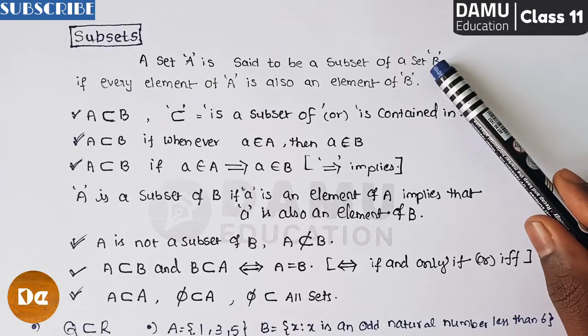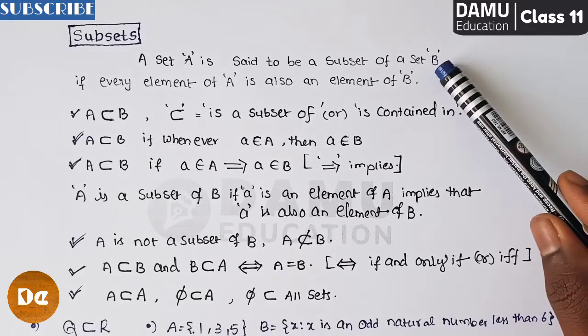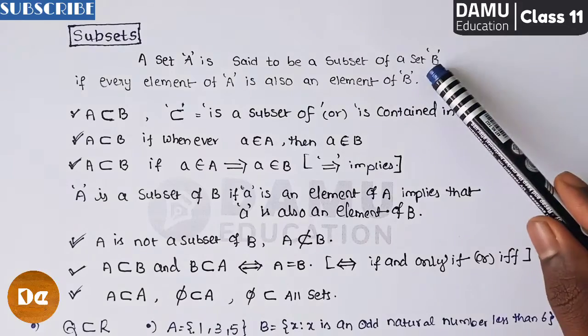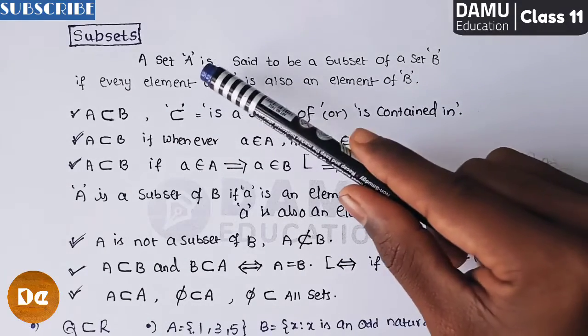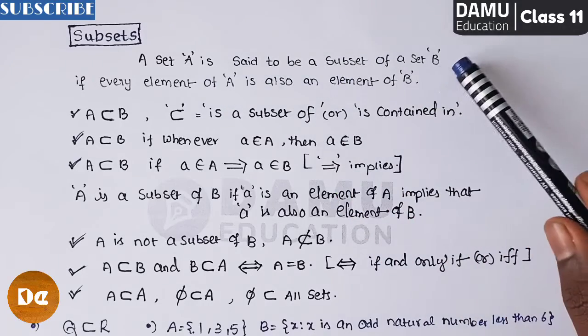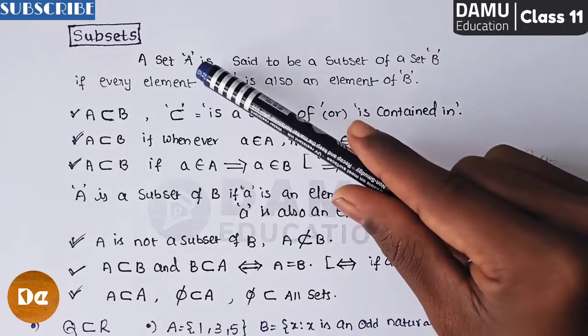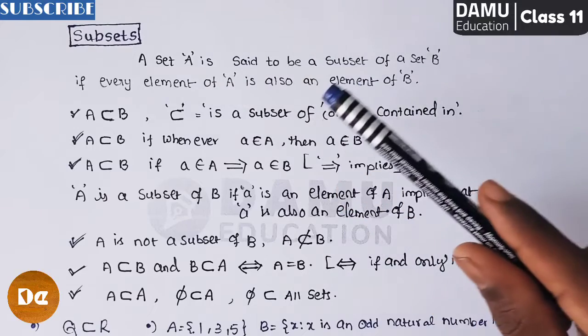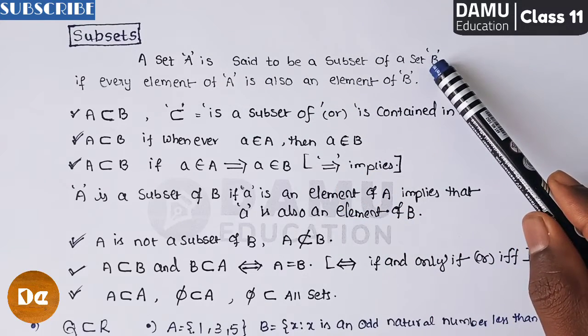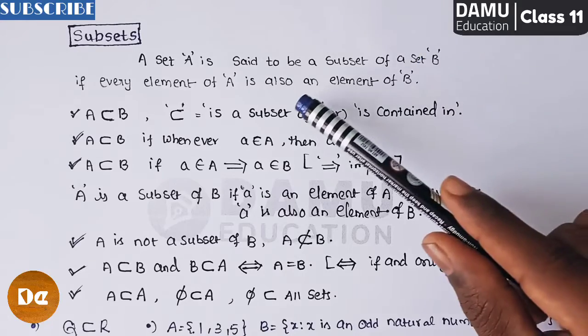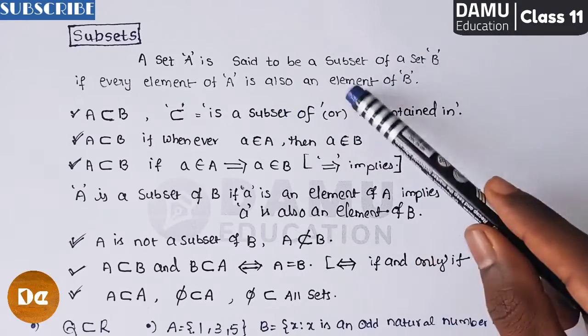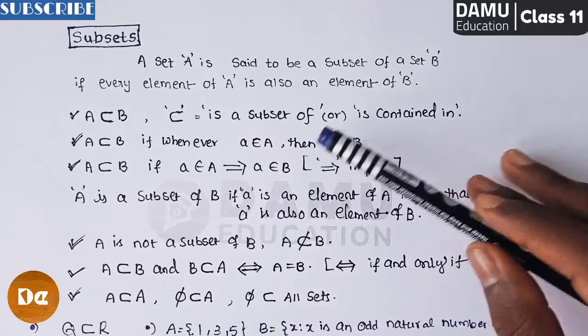It's not necessary that all the elements which are present in B will be present in A. It is not compulsory, but if A is said to be a subset of B, then all the elements which are present in A will be present in B also. Let's take B is a subset of A. Then what is the condition?